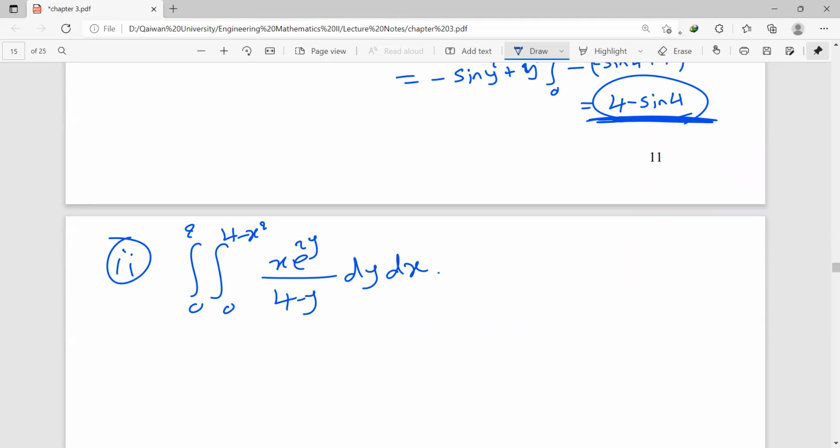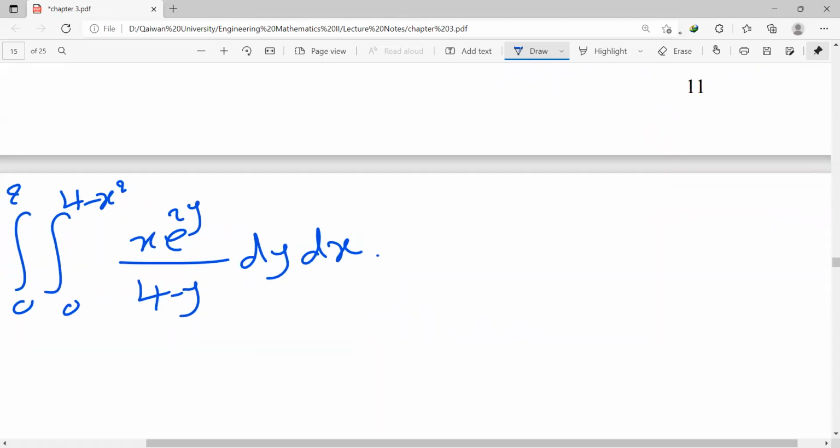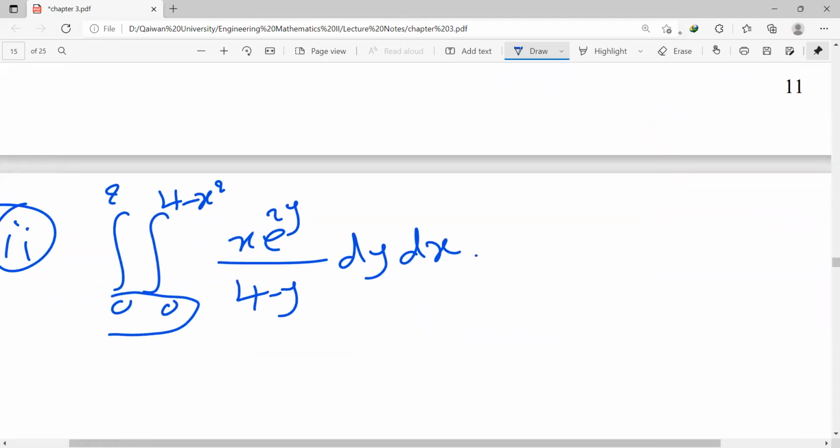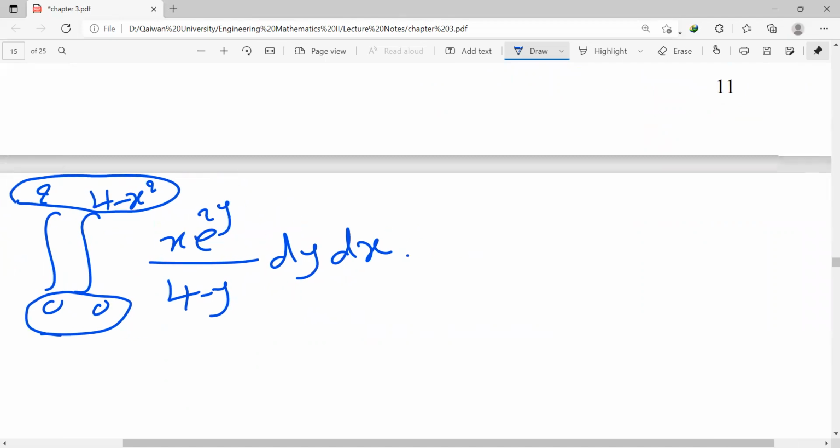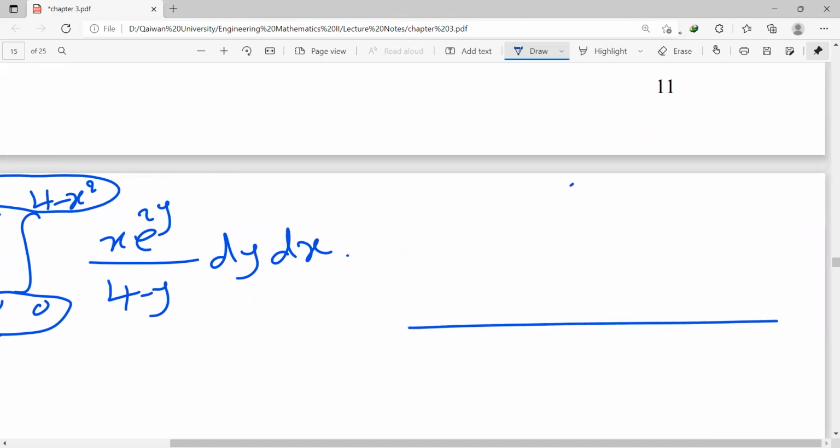It's important to draw a graph of the lower and upper limits of the integrations. We have two integrations. Each has lower and upper limits. Let's first draw the graph of these functions. We have the xy plane. This is x and that's y.